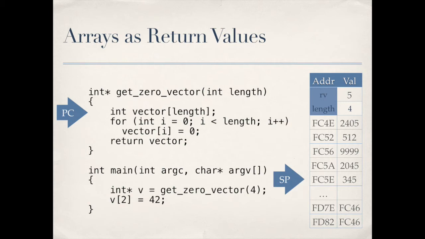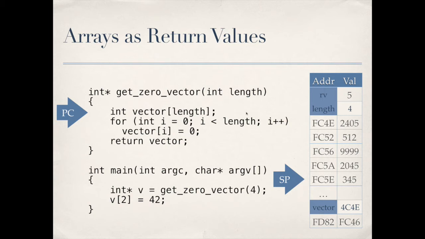So we move the stack pointer down here to have 4 addresses reserved for our vector. And of course we have to store somewhere where it starts. So we have another value somewhere else, vector.